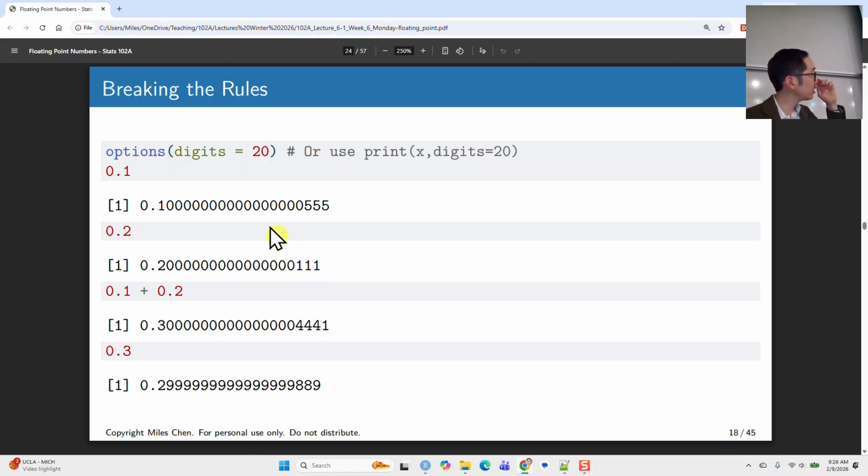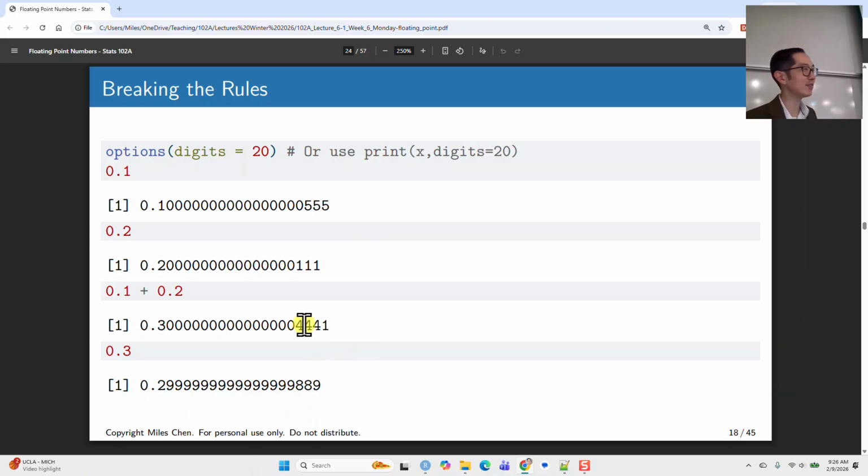But then I say, what's 0.1 plus 0.2? And I get 0.3000, and then 444 as the junk at the end. How does that even happen? How does 111 and 0555 add up to 4441?